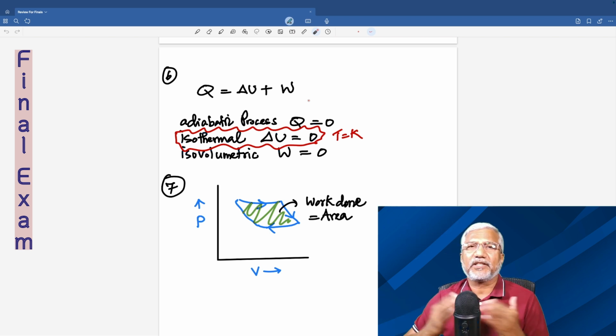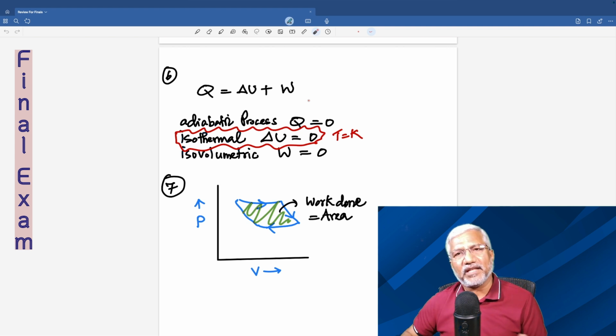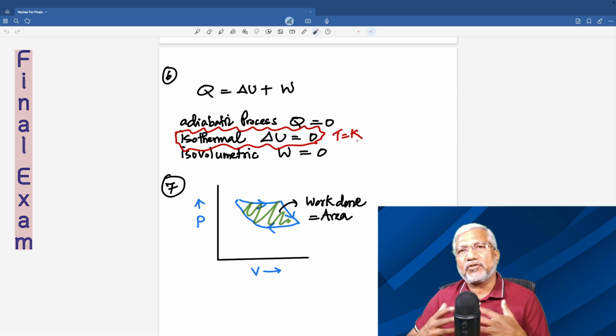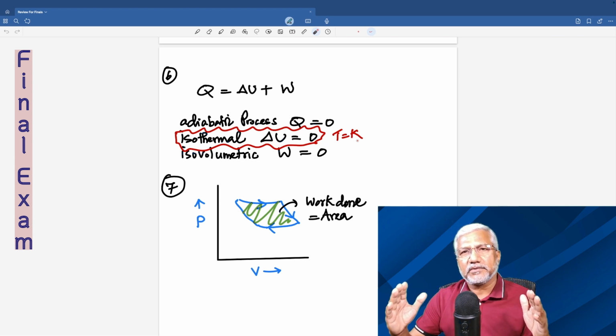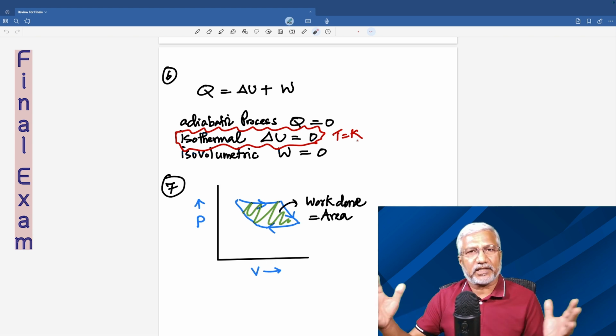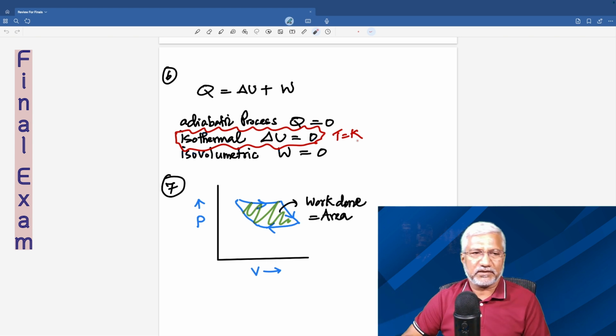If the temperature does not change, then the internal energy does not change. That means change in internal energy is 0. I hope you're paying attention. Isovolumetric means what? No change in volume. That means the gas is not expanding and neither is it contracting. So it cannot do work. So that is another concept that you have to know on the exam.